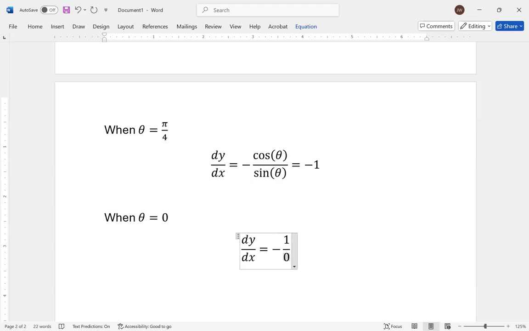So we get this, which is obviously undefined. So we get an undefined tangent when theta equals 0. And this means we're going to get a vertical tangent, essentially.